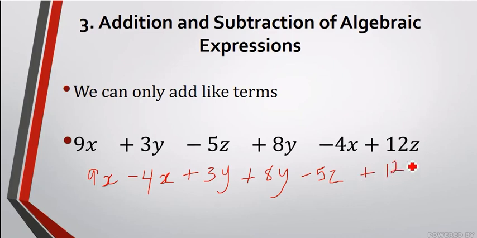Now that my like terms are grouped, I'm going to add and subtract. 9x minus 4x is going to give us a total of 5x. 3y plus 8y is going to give us a total of 11y.